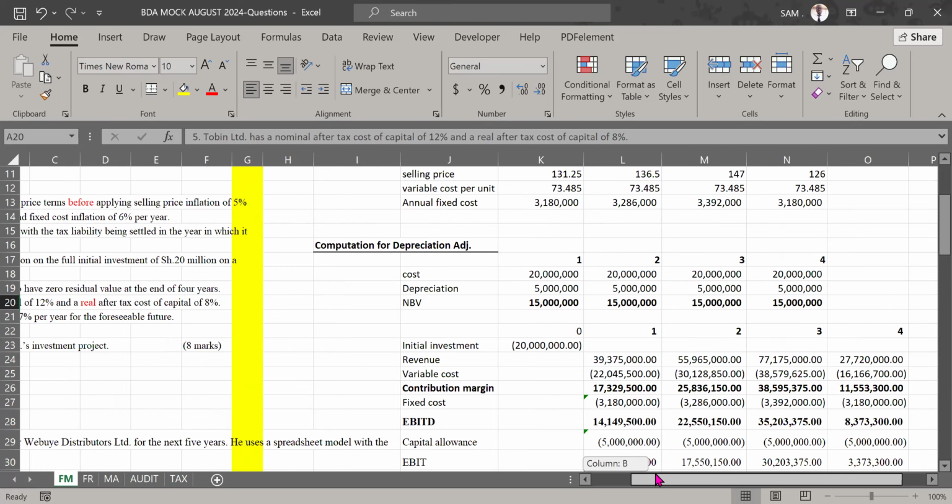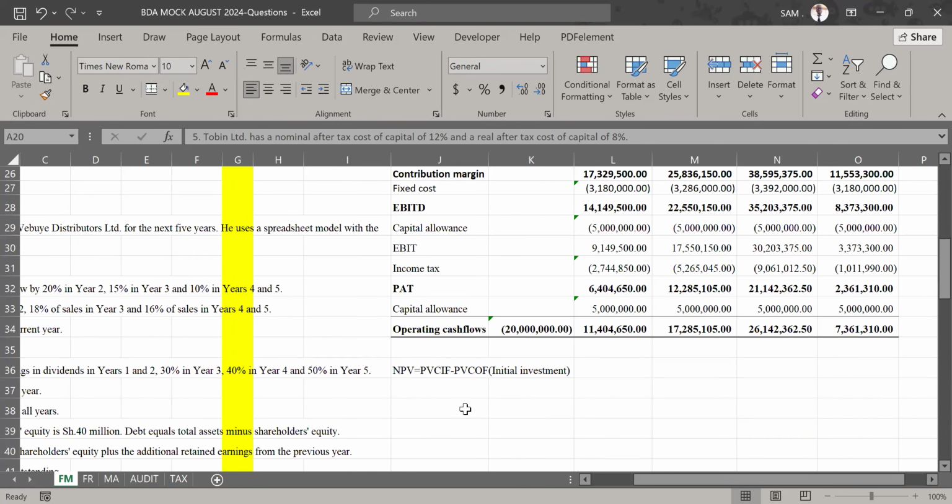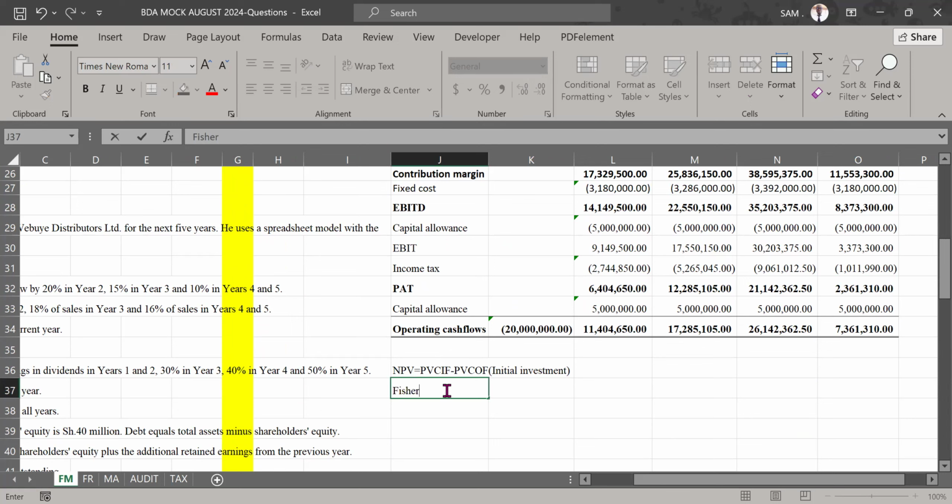Becky, it is your time to shine. Please, in all your wisdom, give us more information about Fisher and how we are going to apply it here. I will go ahead and write as you prepare. Fisher's formula or equation.